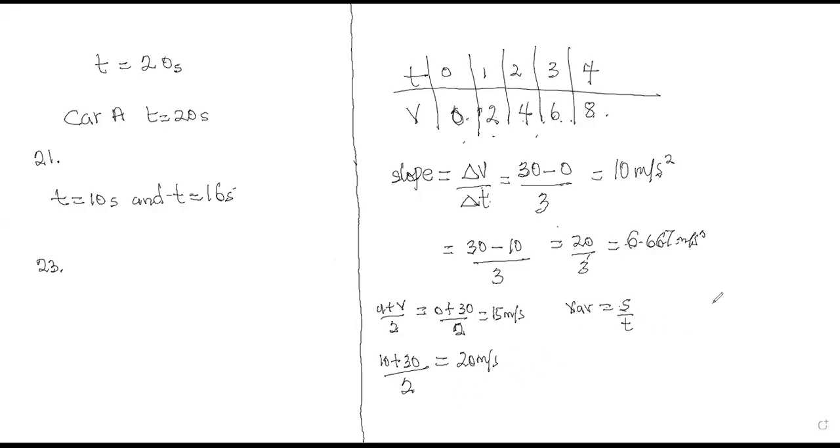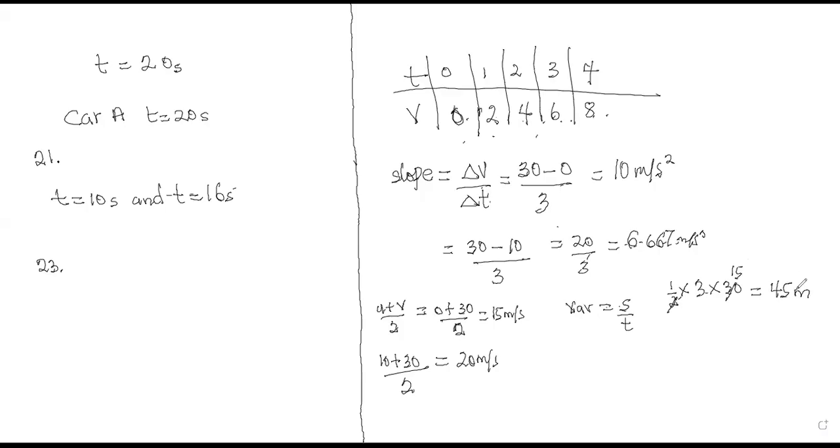So we can also use this one. For object A, the area gives us the distance traveled, and this area is a triangle. Half base times height. The base is 3, the height is 30. So we have 3 times 15, 45.